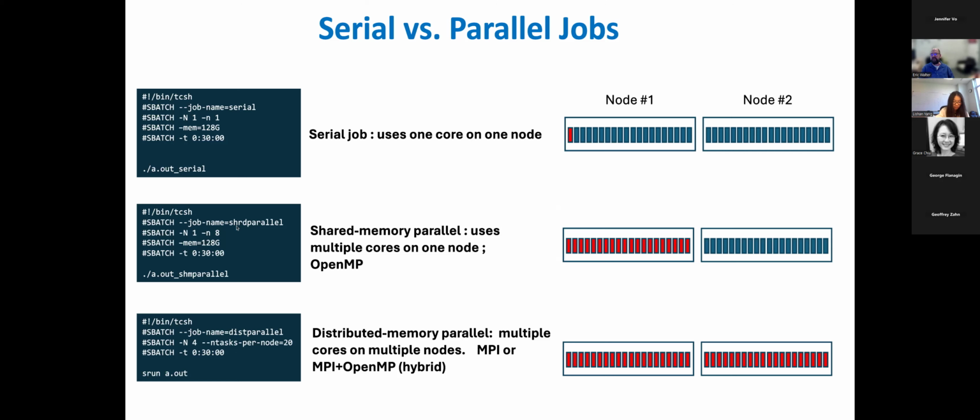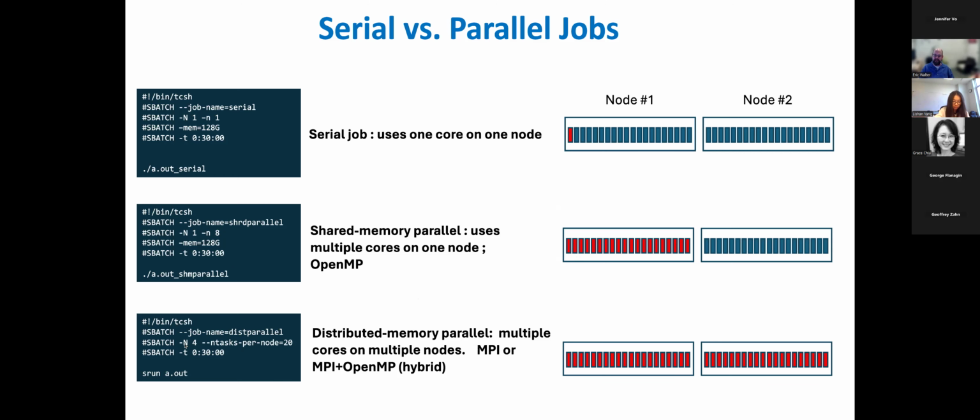Going on to shared memory parallel, this is going to use multiple cores on one node, and typically those are what are called OpenMP type jobs. Very similar to the previous script, except I asked for more than one core. And then finally, for anything beyond shared memory parallel, you're going to be requesting more than one node.